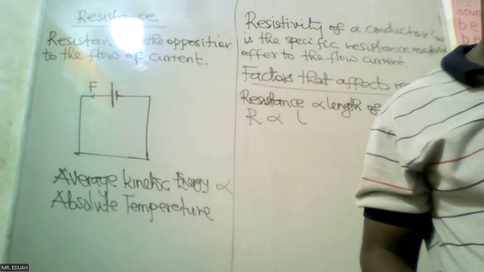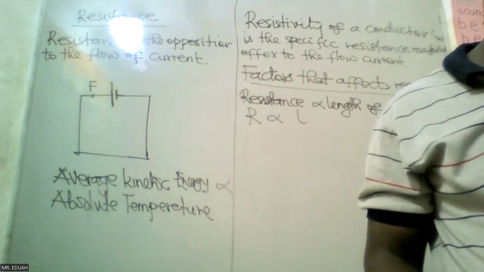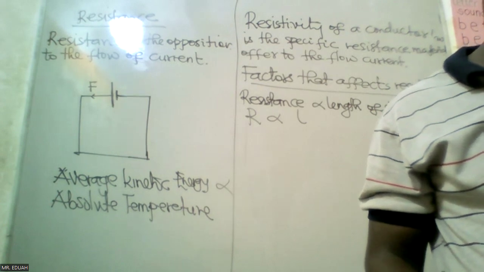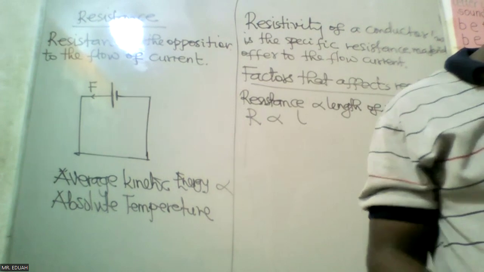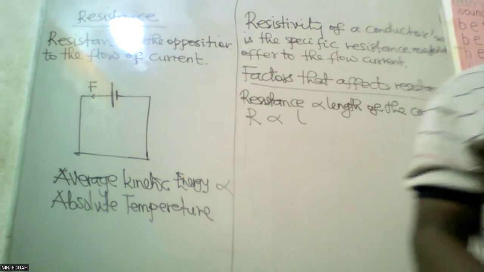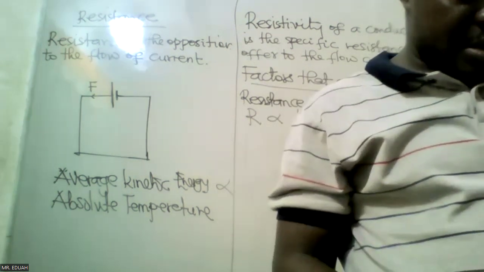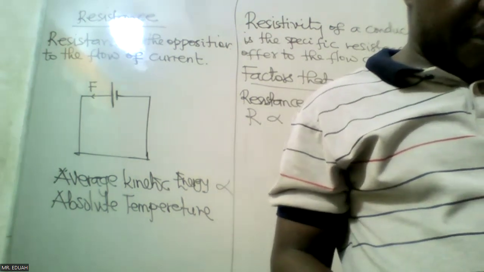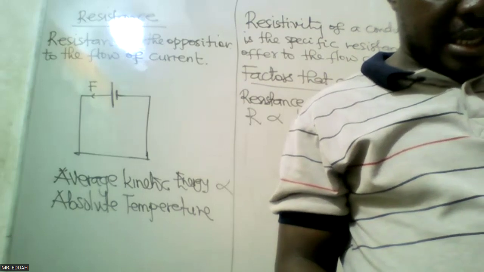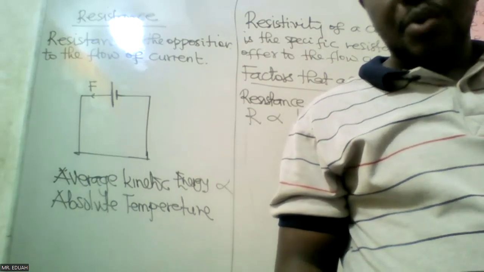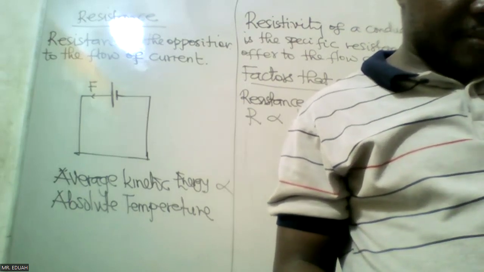Can somebody explain why? Why is it that if we increase the length of the metallic conductor, we are increasing resistance?